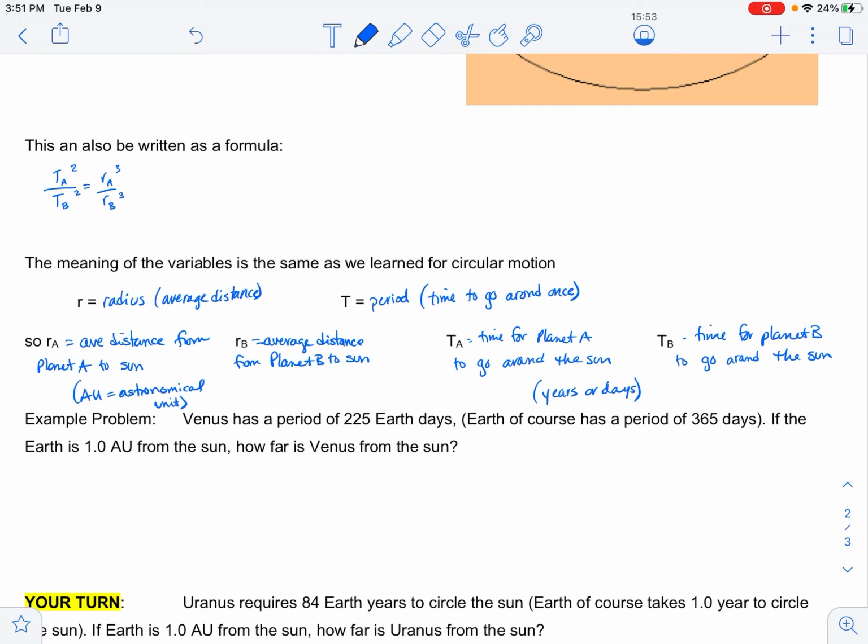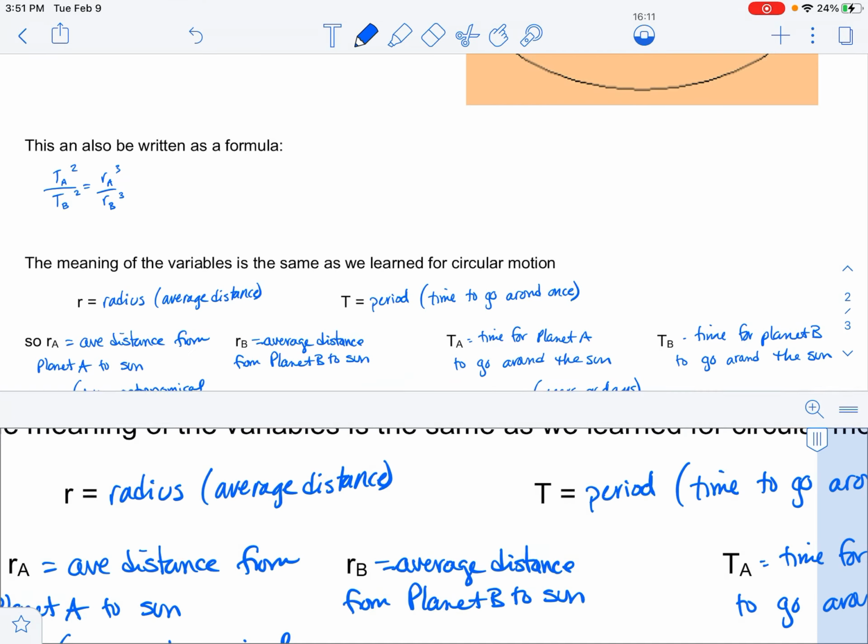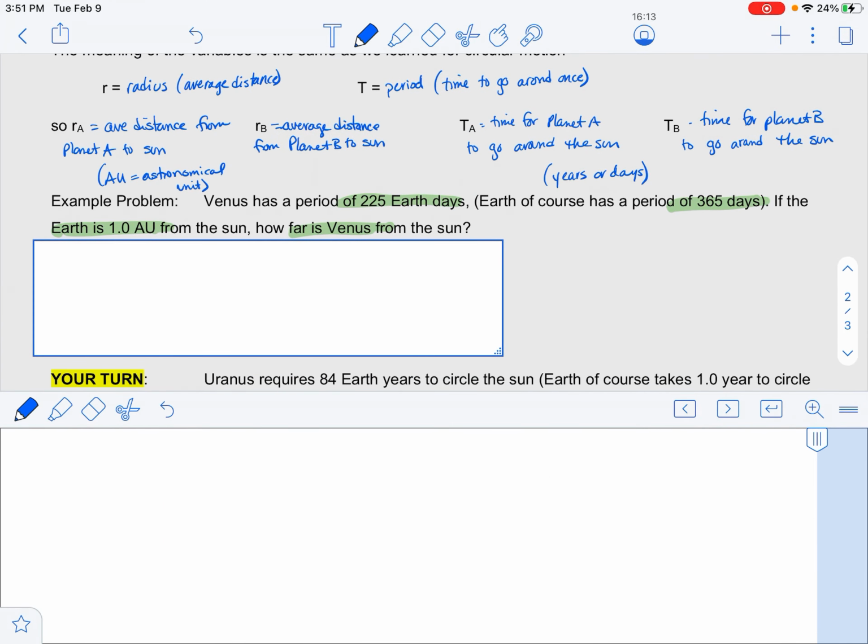Okay? So, example problem. Here we go. Venus has a period of 225 Earth days. Earth, of course, is 365 days. The Earth is 1 AU from the Sun. How far is Venus from the Sun? So let's see what we know and what we're trying to find.